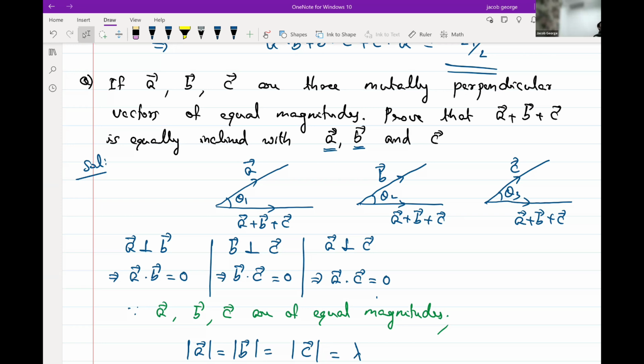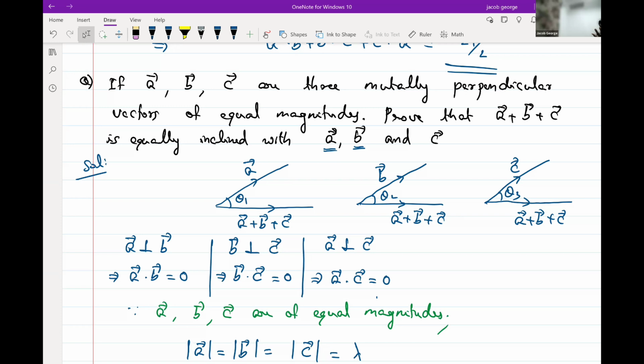Prove that the vector A plus vector B plus vector C is equally inclined with vector A, with vector B, and with vector C. That means we find these 3 angles, theta 1, theta 2, and theta 3, and prove that these 3 angles are equal.